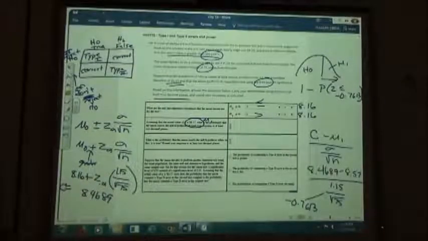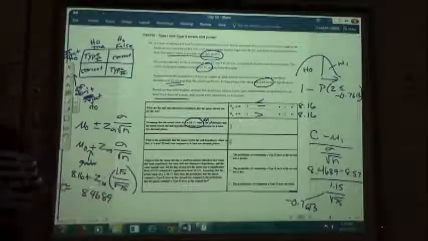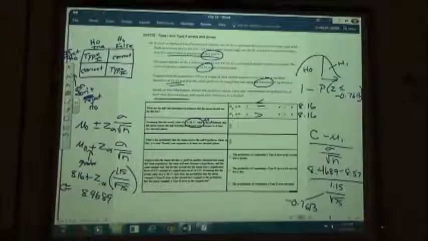So now you're going to punch that into the Aleks Calculator. Okay, so then, do I clear this last number? Yep, you can clear that last number and do 1 minus. The P of Z is less, well, it's probably just less than. I don't think it has the equal to on it. Oh, it does have the equal to. Less than or equal to negative 0.7613 equals.